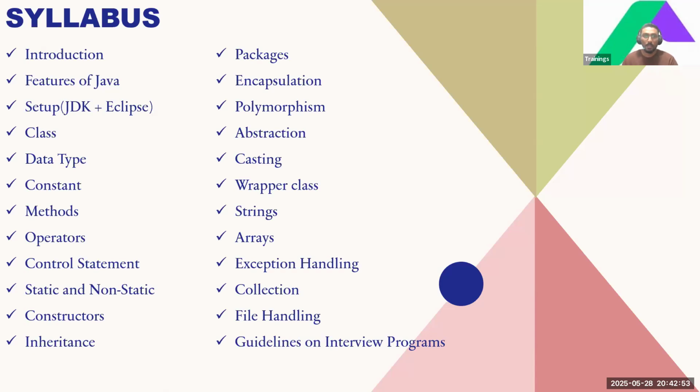I will not be checking your assignments. We have mentors who are responsible for checking those assignments. But see, there are two types of assignment. One assignment you will get from the Star Agile team directly, and another assignment I'll be giving during the session.